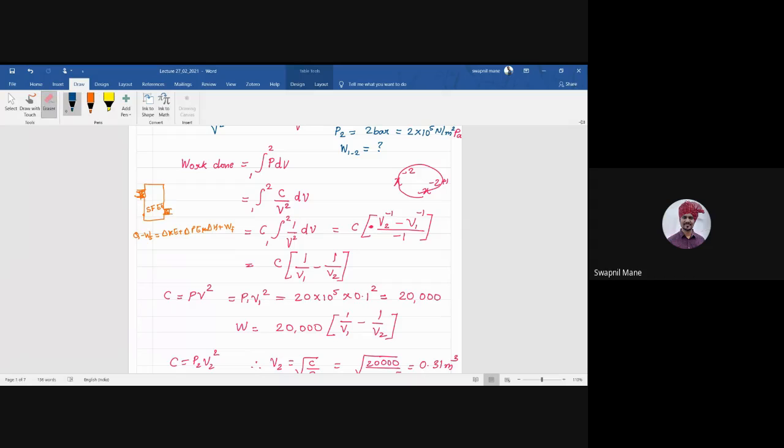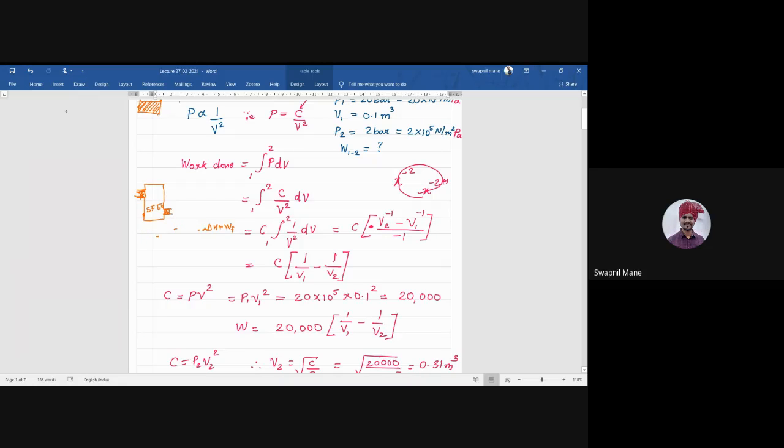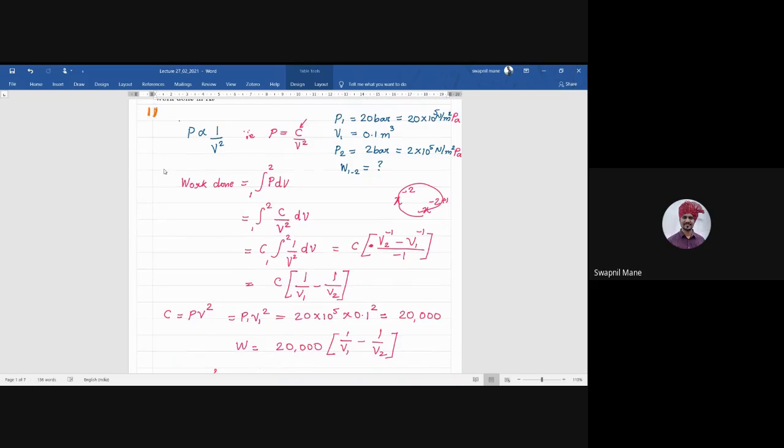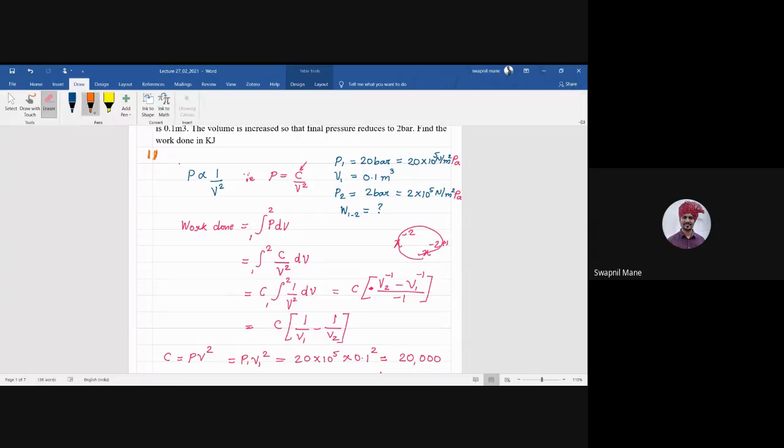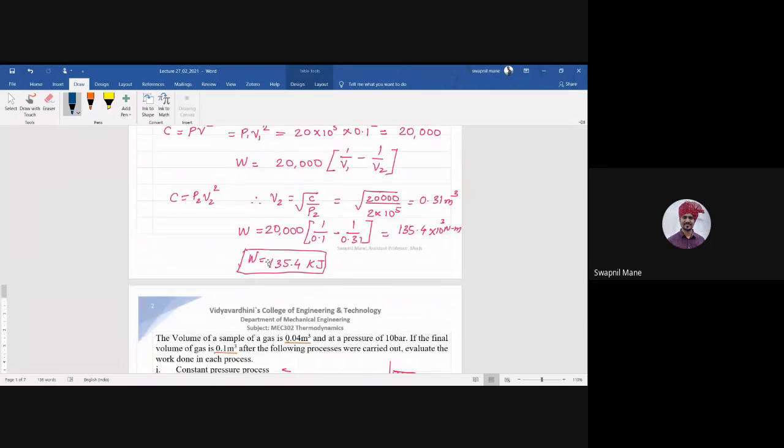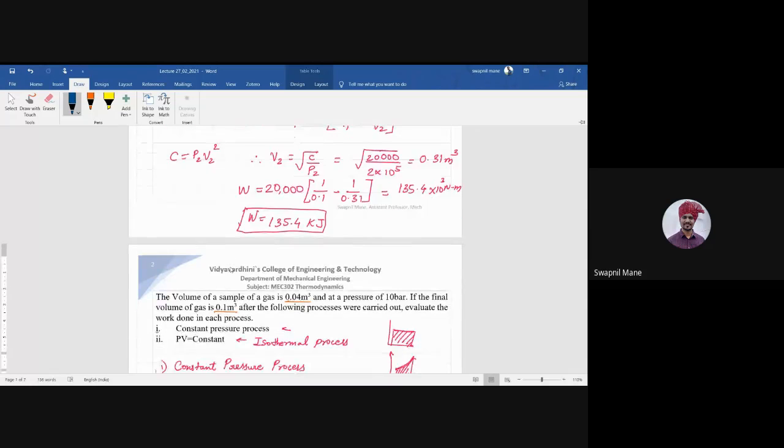Right. So remember this. Don't get confused with flow work and non-flow work. In the question, please read carefully. Identify first whether it is flow work or non-flow work. Then identify what relation we get between pressure and volume.